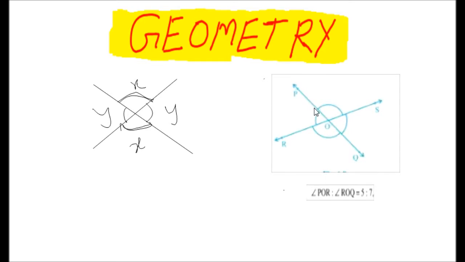So angle POR and ROQ form a straight angle. So angle POR plus ROQ, the sum of angles in a straight angle is 180 degrees.